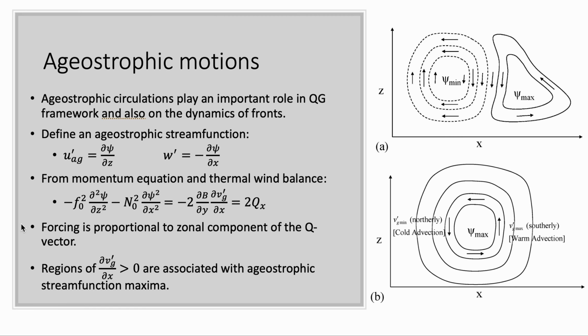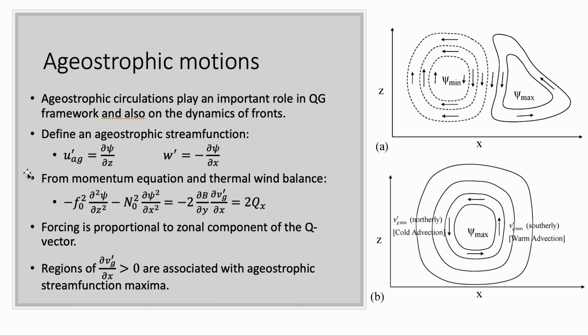And we're still going to have ageostrophic circulation, and the ageostrophic circulation looks very similar to the ageostrophic circulations that we discussed for the atmospheric front. So it is possible to write these in terms of both u prime ag, the ageostrophic component of the zonal perturbation, and the vertical perturbation.